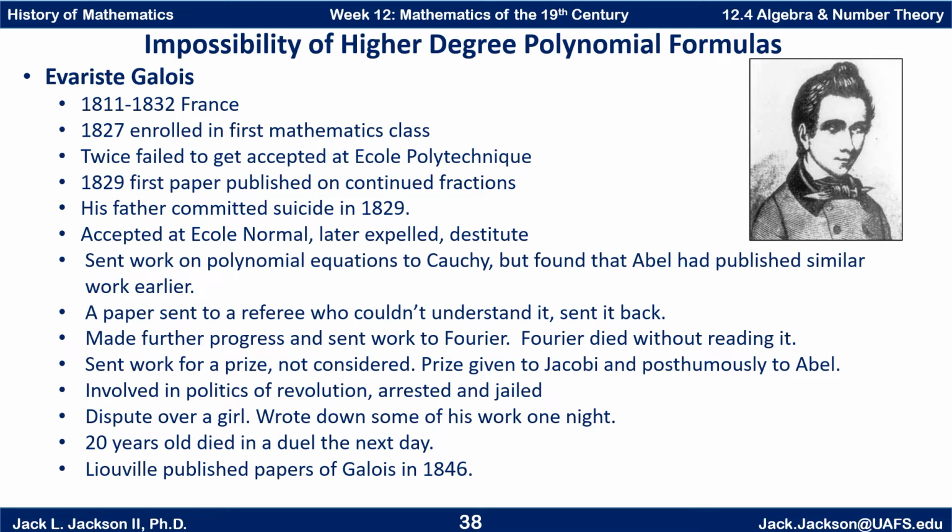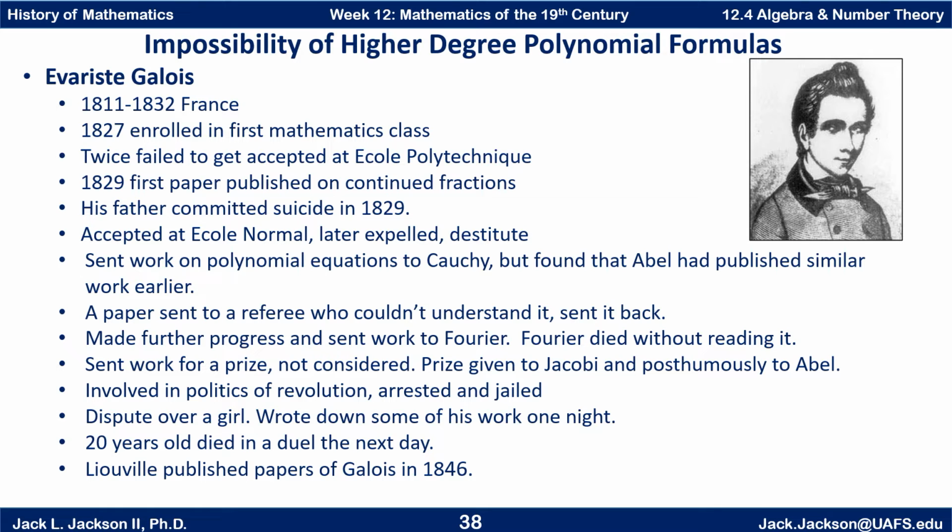Now, if you look at this, basically, from the time he was about 16, 17 to age 20, so about 4 years, he was able to get an amazing amount of work done.